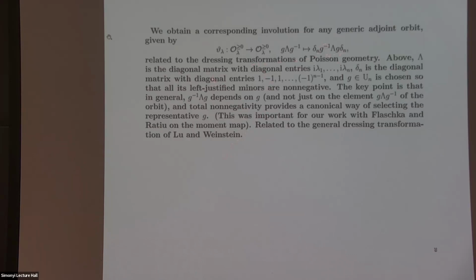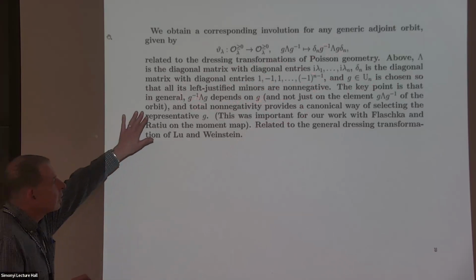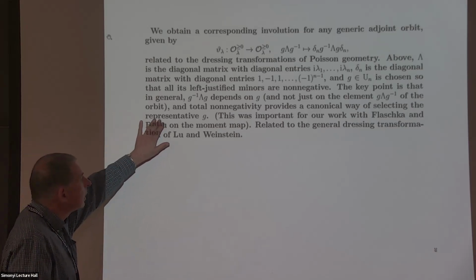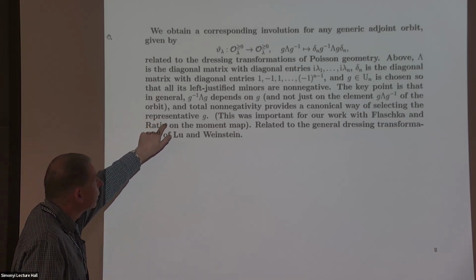Here lambda is a diagonal matrix with the standard entries. G is chosen to be lower triangular, totally non-negative. The important point is that G to the minus 1 lambda G depends on G and not just on the element of the orbit. In a sense, I guess that answers your question. Total non-negativity provides a canonical way of selecting this representative.